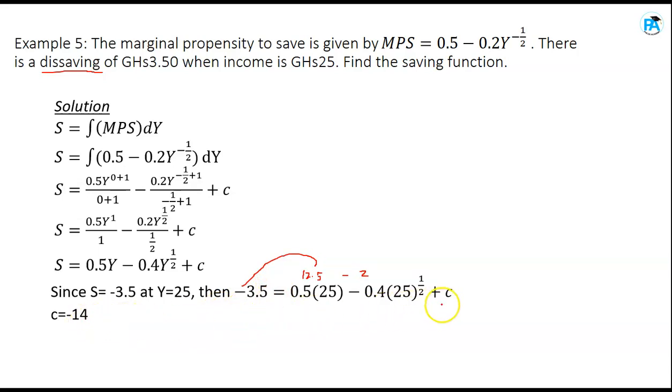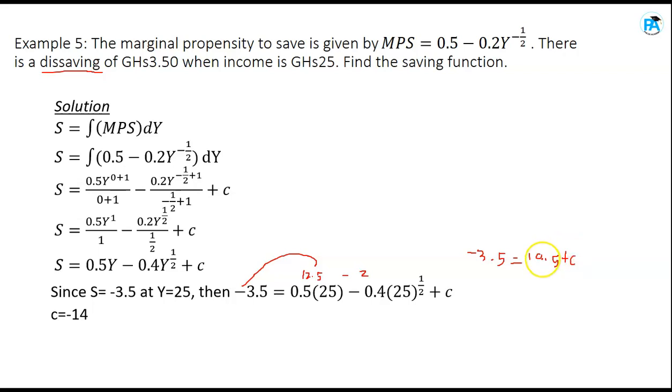So c is equal to negative 14. This is what I mean. You have negative 3.5 here at this side already. It's equal to, we've gotten the whole of this. You can even put it on a calculator to find the whole of this. It gives you positive 10.5 plus c.